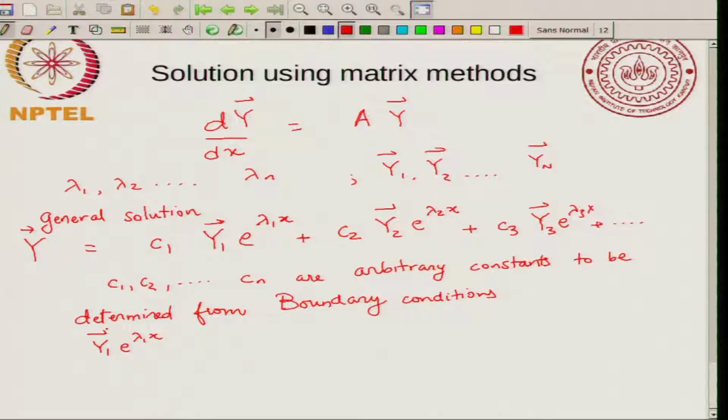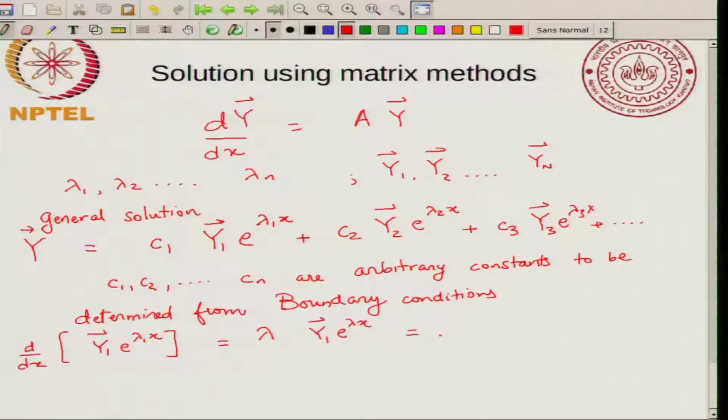Now, if I take the derivative of this with respect to x, suppose I just take d by dx of this, you can clearly see that I will just get lambda times y1 e to the lambda 1 x, and so this is just lambda times y.